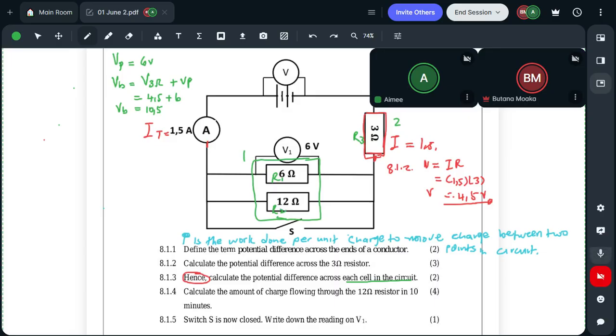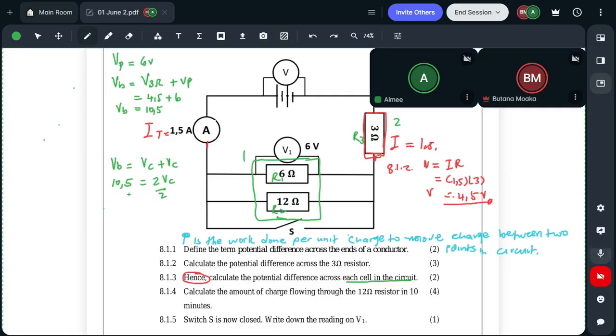Even if you want to write that in writing, you can definitely say the V of the battery is equal to the V of the cell, which is the first one, plus the V of the cell, which is the second one. So this will be 10.5, which is what we just calculated. This is 2 V_C.